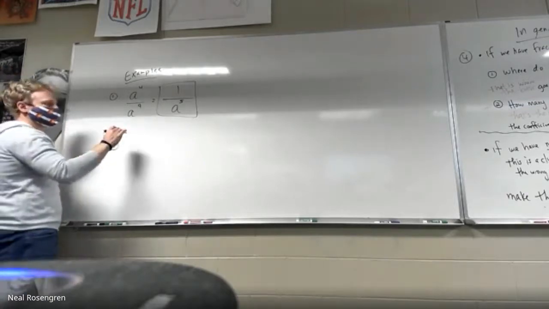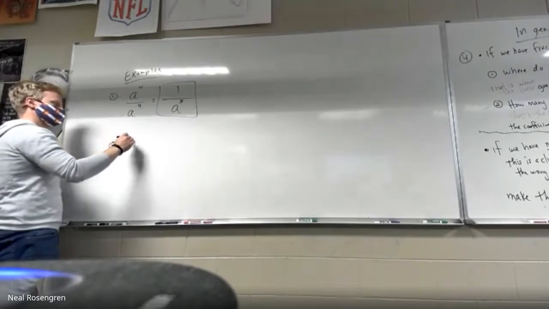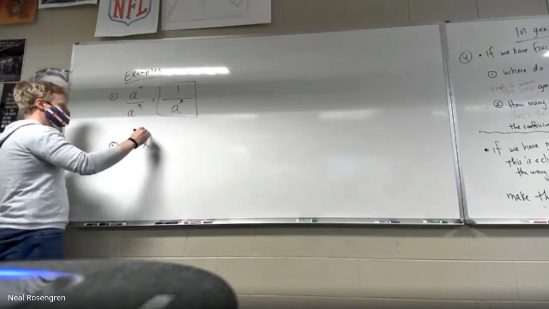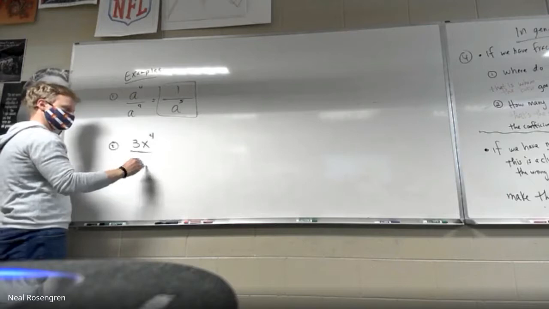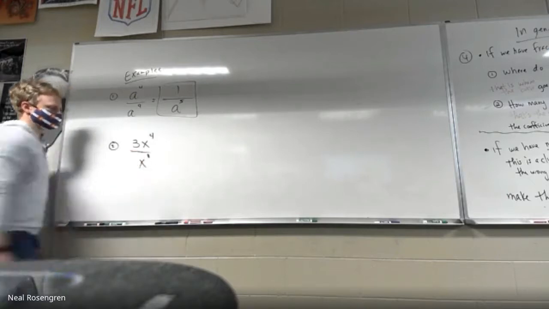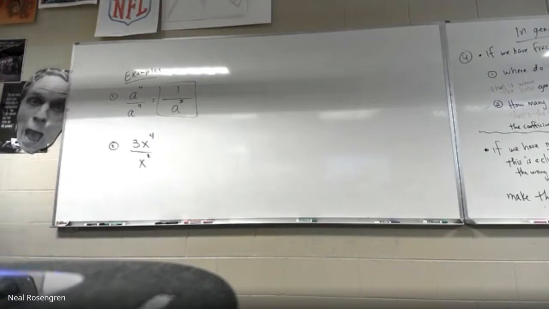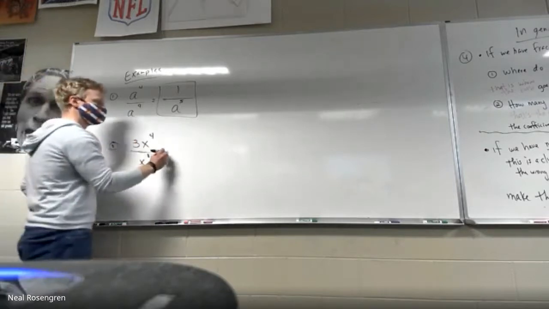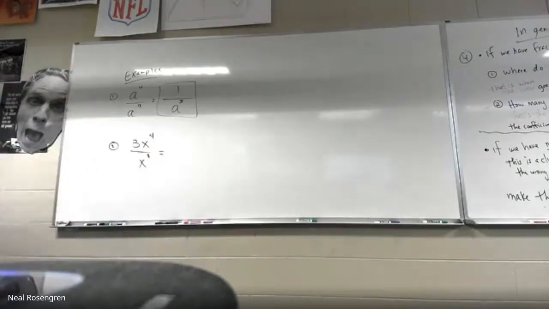Sticking with the simple, but switching it up a little bit: 3x to the 4th over x to the, I don't want to do 9 again, let's do 2. X's with x's. The 3 is just a 3, right? It's just being multiplied through. I'm only going to be putting things together that go together: x with x's, y with y's, a's with a's, whatever I've got. So let's worry about the x's.